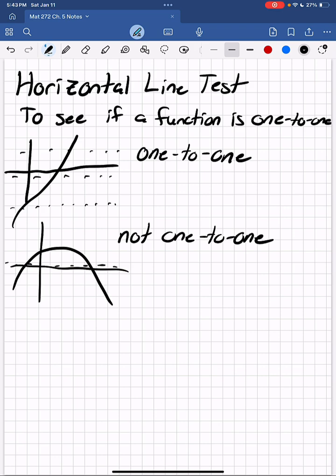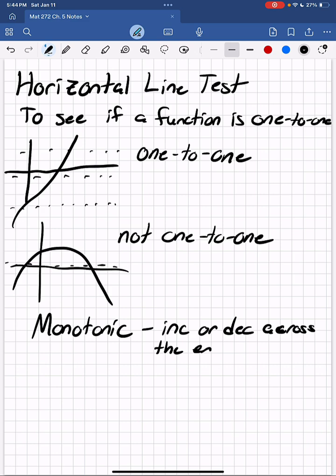And then the other thing that we want to be able to look at is to see if a function is monotonic. Okay. So monotonic just means that it is increasing or decreasing across the entire domain.